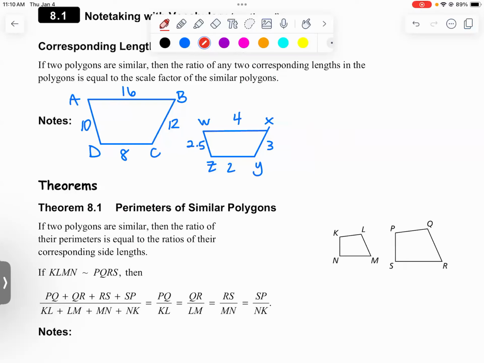So if we are going from trapezoid ABCD to trapezoid WXYZ, let's just pick one pair of corresponding sides. These right here. What's the scale factor from ABCD to WXYZ?